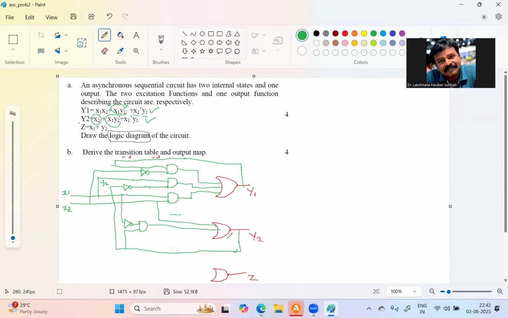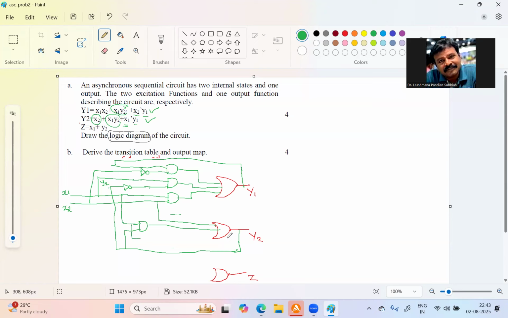Then we have x1 y2. The next is x1 dash y1.